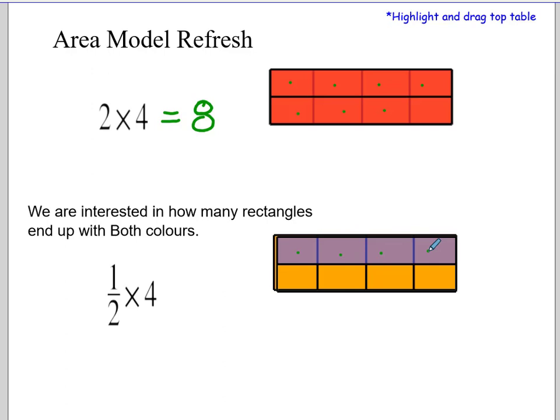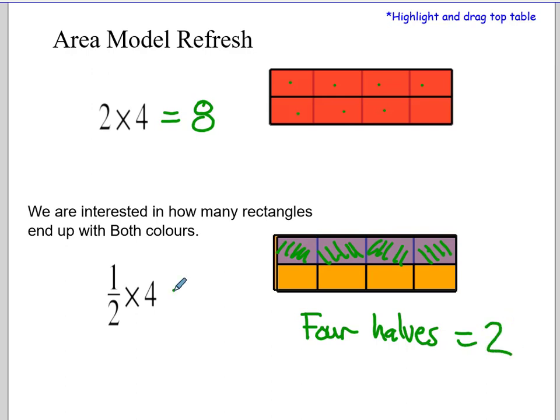So we have 4 halves, because that little piece right here is a half, this is another half, another half, and another half. So 4 halves would be 2. So the answer here would be 2.